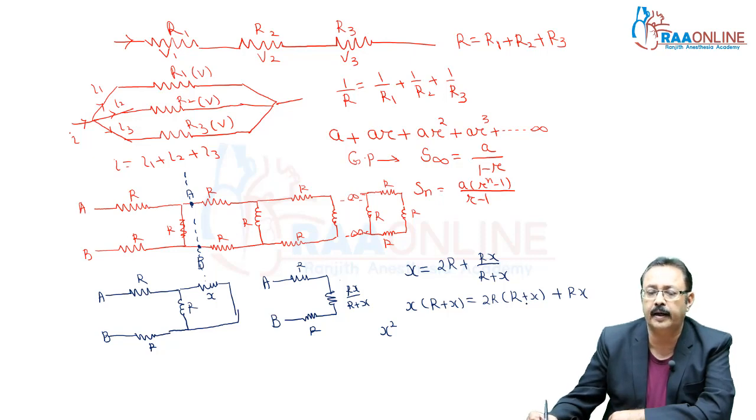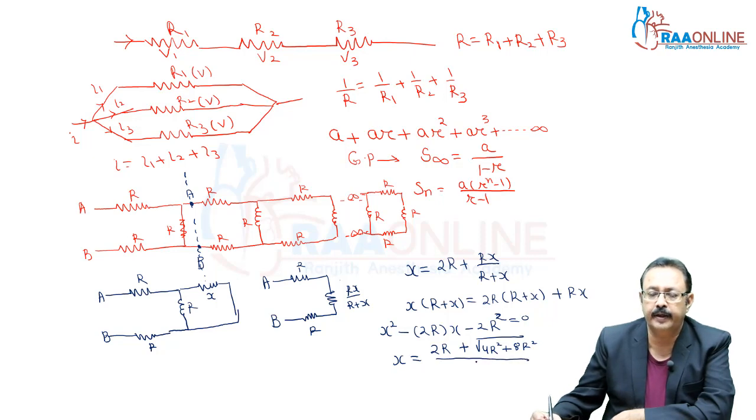Take this 2Rx on the left hand side, and after that this 2R square on the left hand side. It is a quadratic equation in x. So we will get two values of x. Minus b plus minus root of b square minus 4ac over 2a.